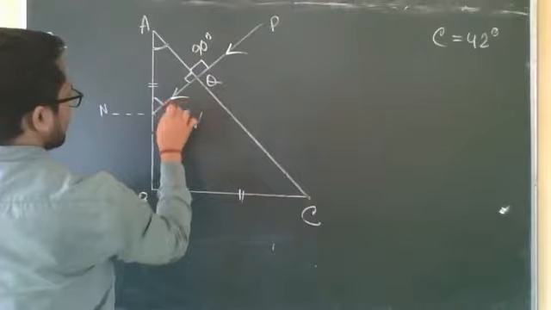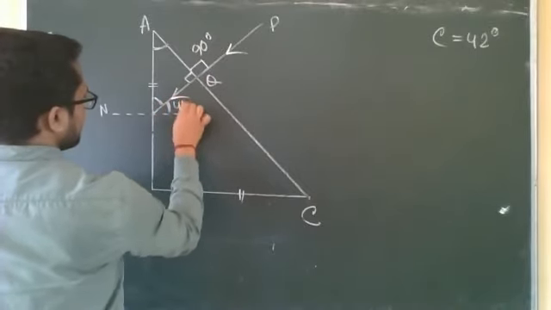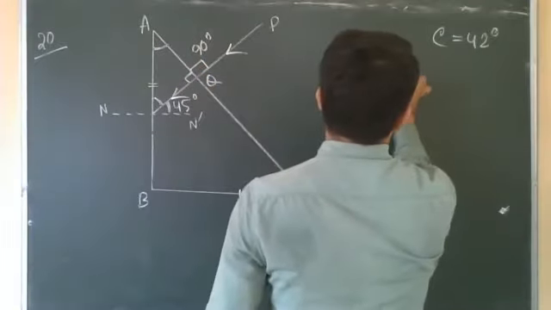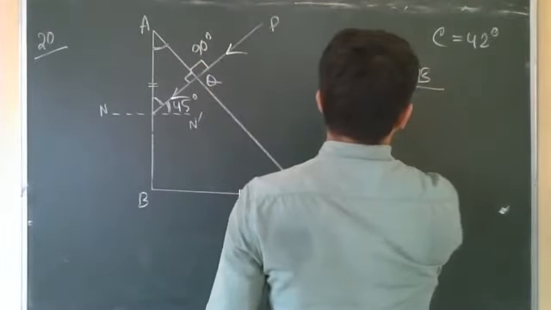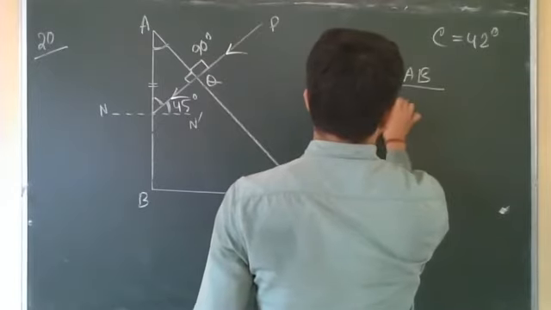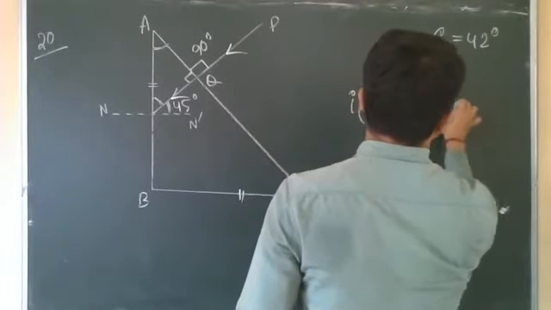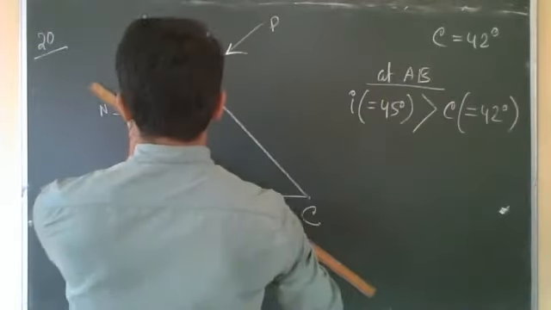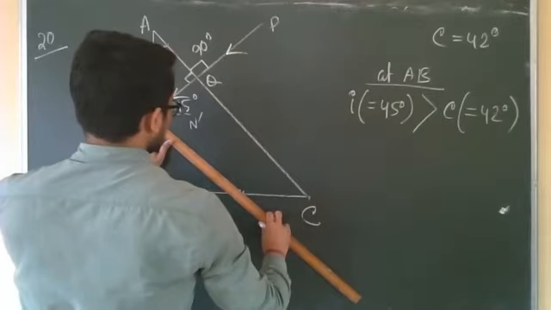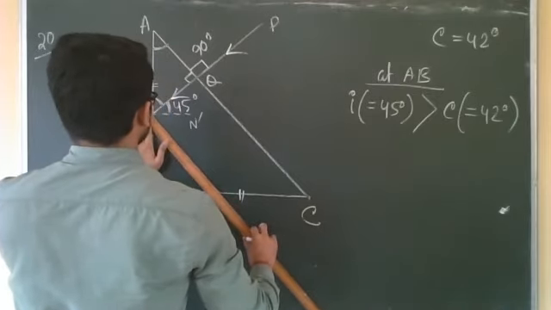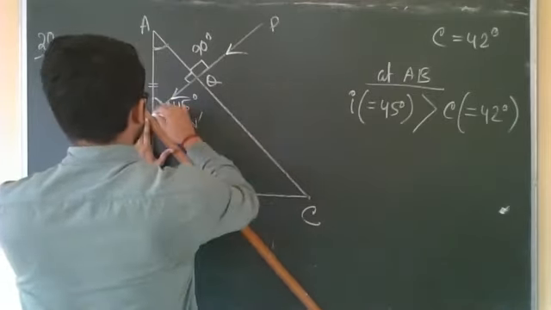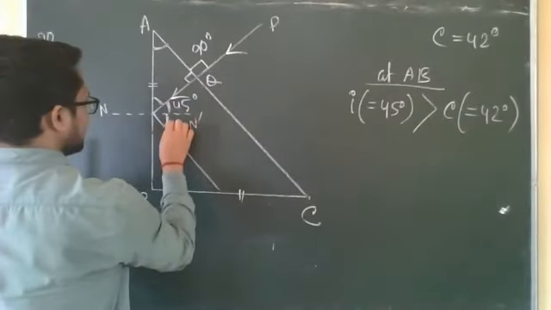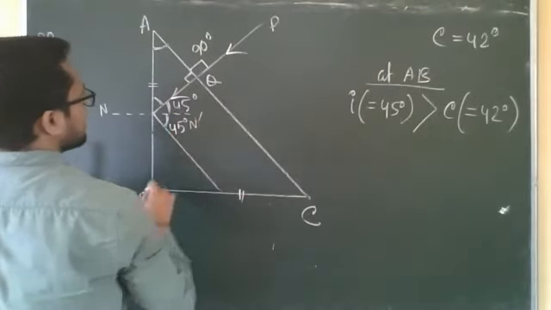This is also 45, and this angle will also be 45 degrees. So the angle of incidence at AB, i, is 45 degrees, which is greater than the critical angle of 42 degrees. So there will be total internal reflection, which means this angle will also be 45 degrees.